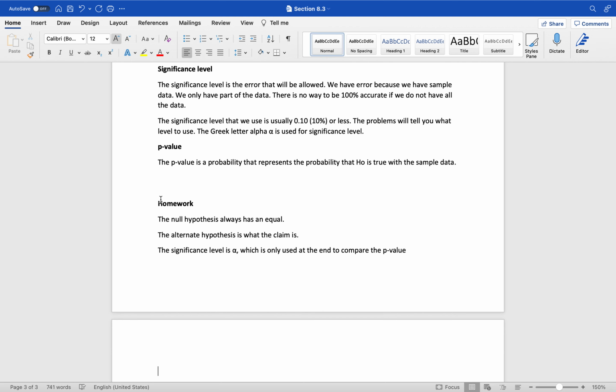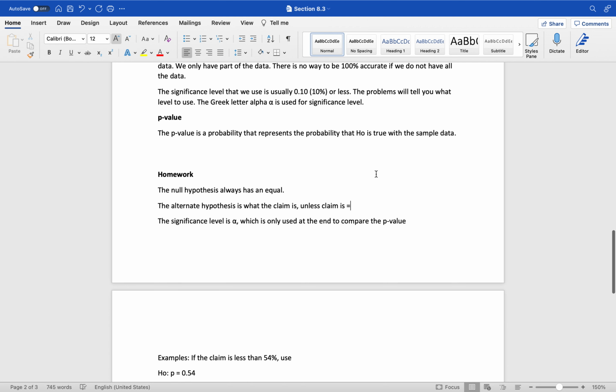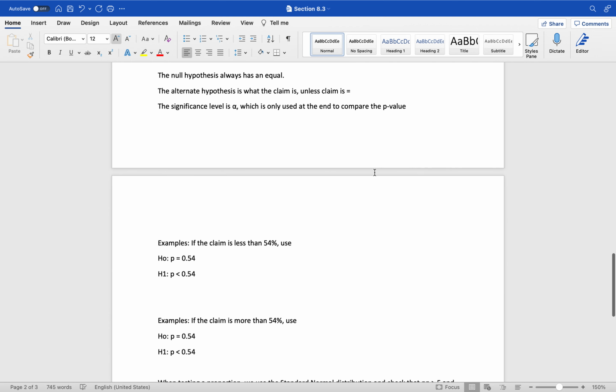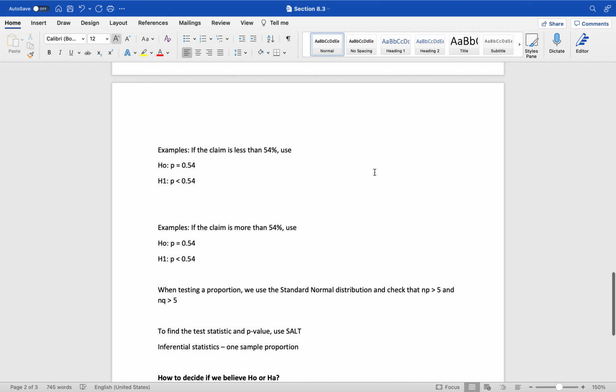In our homework, the null always has equal. The alternate hypothesis is what the claim is, unless the claim is equal. H0 always has equal. Examples. If the claim is less than 54%, we use H1: P is less than 0.54.